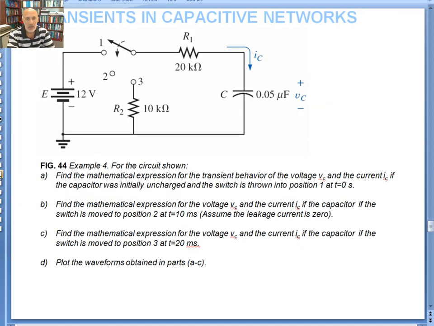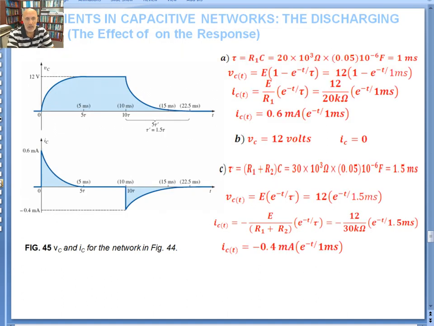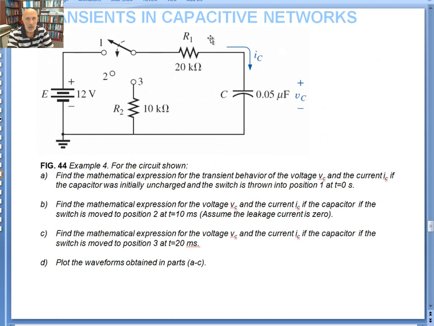Part C, now it says find the mathematical expression for the voltage V sub C and the current I if the switch is moved from position 2 to position 3 at t equal to 20 milliseconds. So if you move at 20 milliseconds, the cap is charged up to 12 volts, and then you switch to position 3. That means the cap is going to discharge.